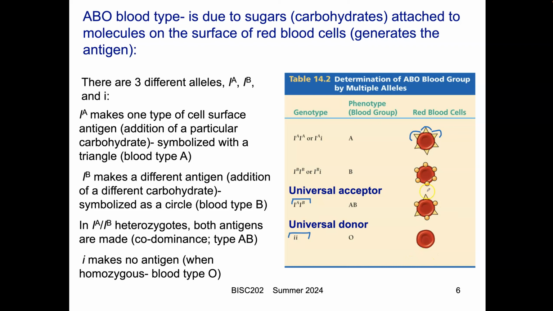The consequence of this is that people who have type AB blood, if somebody with type B blood donates blood to them, their immune system can recognize these molecules on the surface and go, oh yeah, this is all right, no problem here. And the same with type A. If type A people donate blood, then the immune system of the AB person can recognize those.